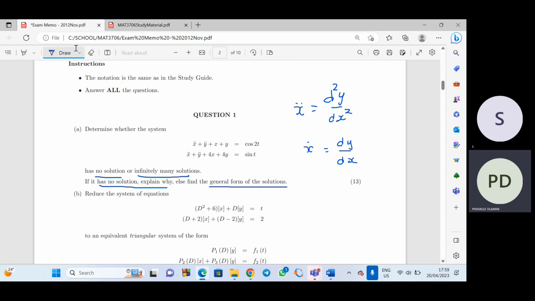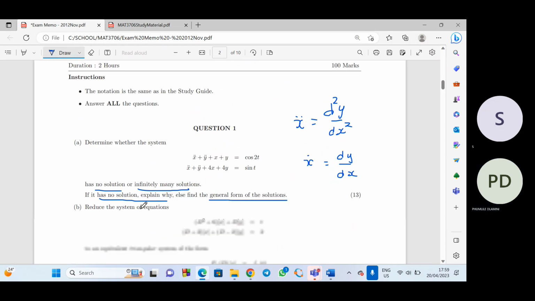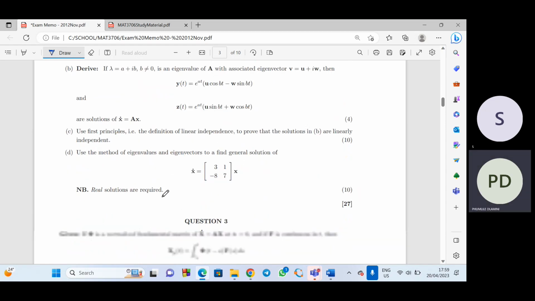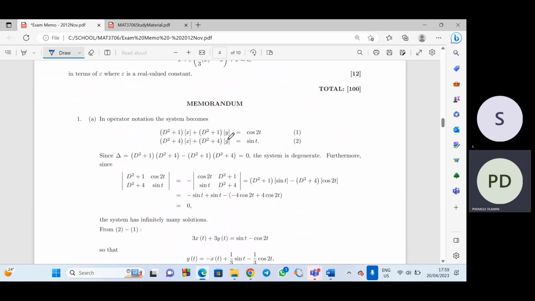This is the one, it was question number 1A. Let's go to question number 1. This is the memo. If you check in your question number 1, you will see that your memo is showing you that they did the step that I did. Then they used the second method that I used.